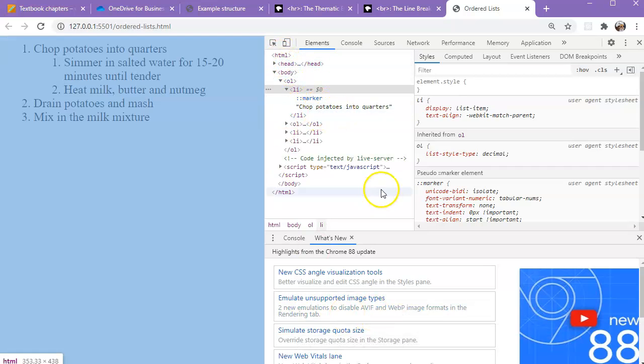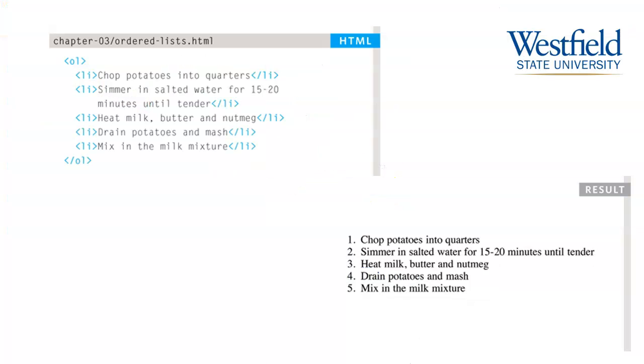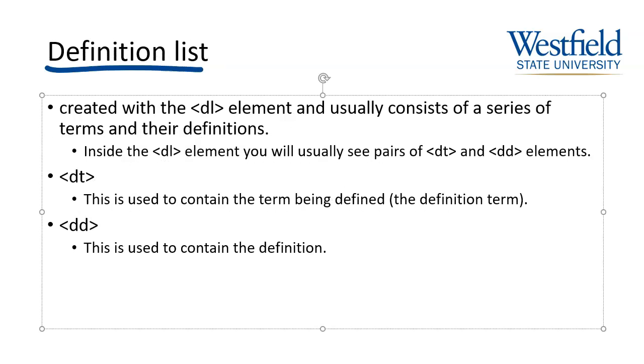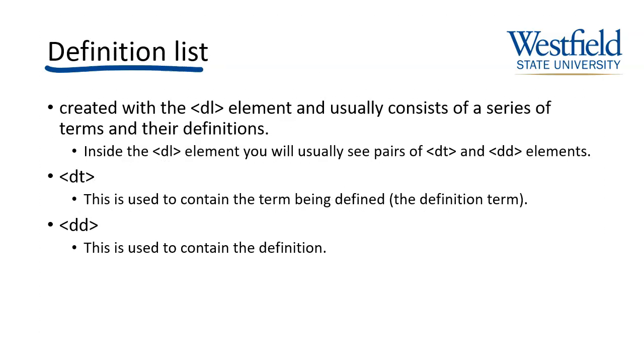Okay, so let's look at our last type of list. That will be the definition list. The tag for definition list is DL. And inside DL, you will have DT, the definition term, and DD, the actual definition element.